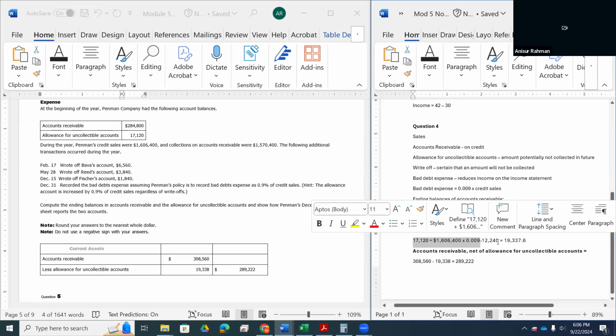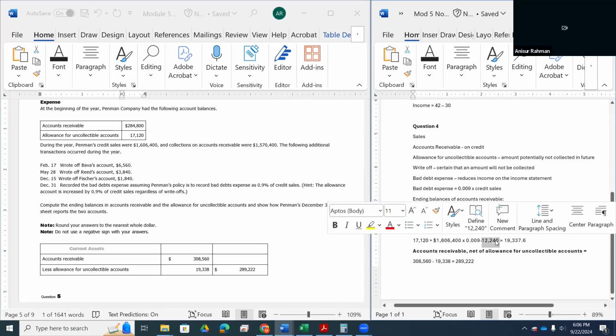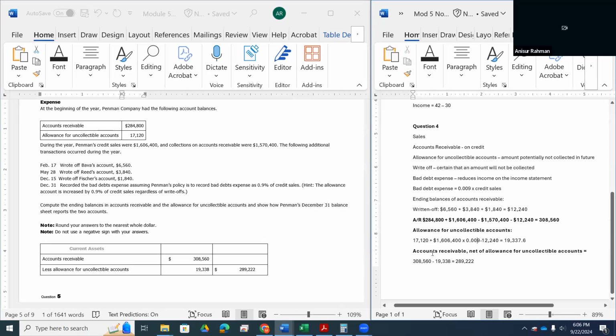It has already happened. And when we are talking about allowance for uncollectible accounts, it reflects the amount that will not be collected potentially. So we subtract the written-off amount from the allowance for uncollectible accounts too.